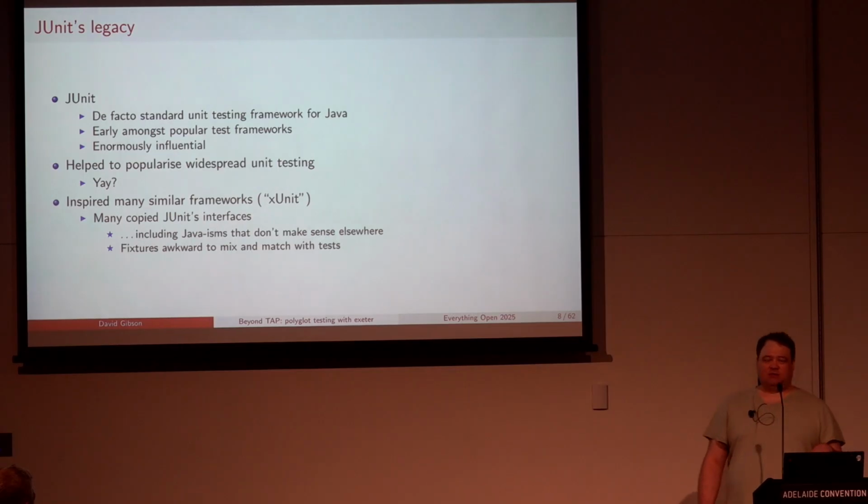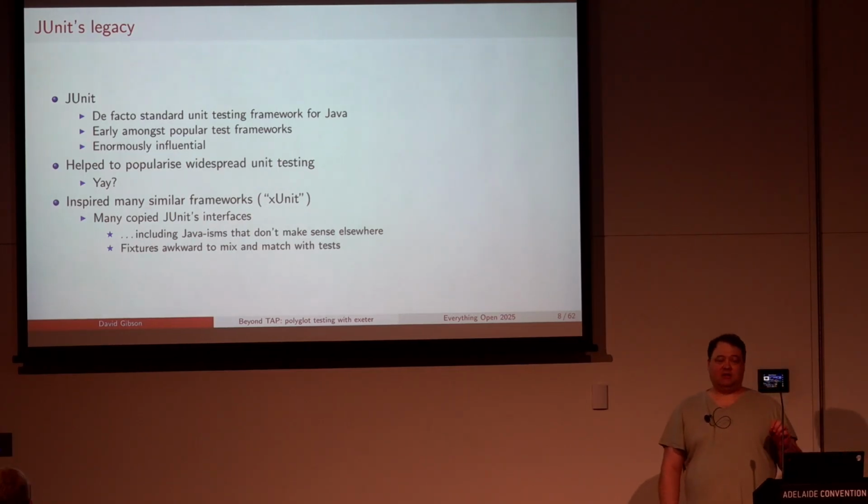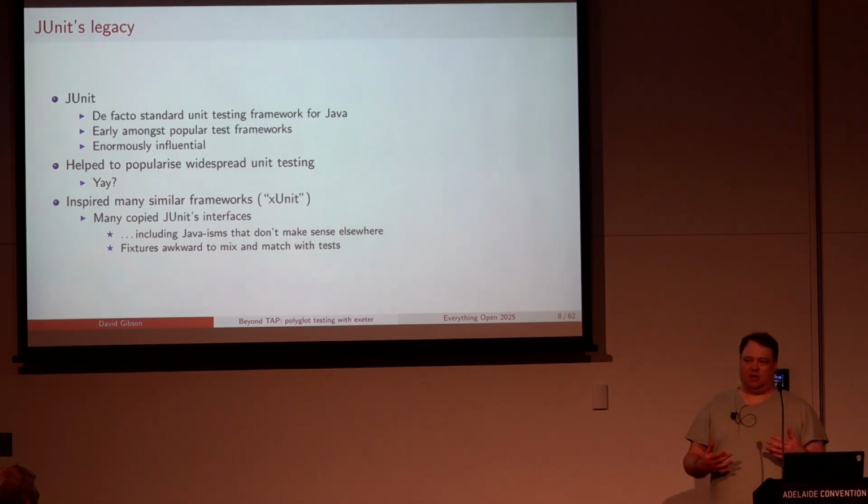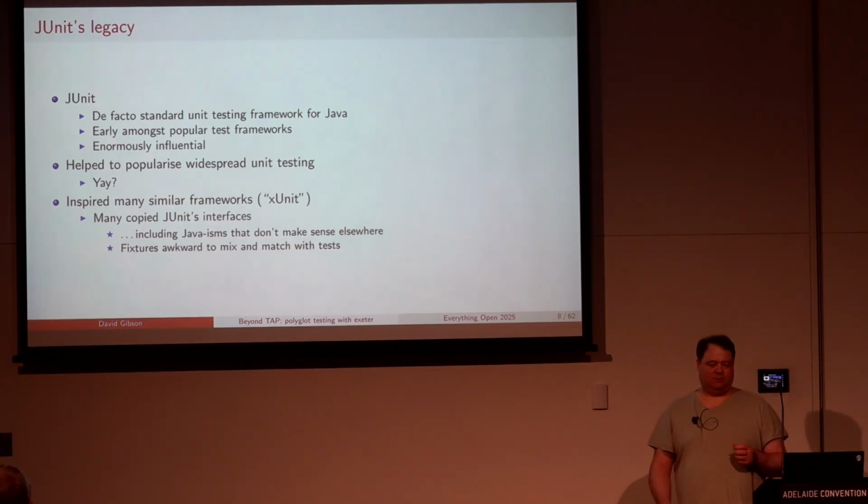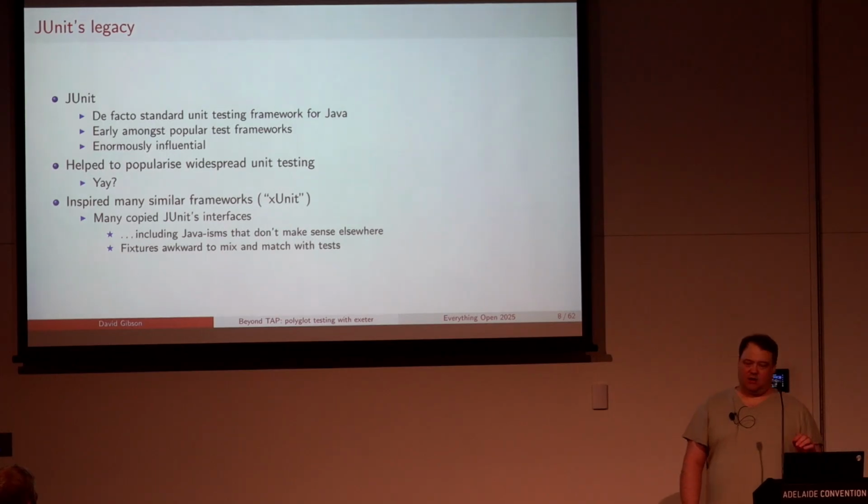There are more serious problems that I don't really have a lot to get into, but in particular the basic parts of JUnit make it really hard if you want to mix and match different fixtures with different tests. It's possible, of course, but it's pretty awkward. So that Java influence is not necessarily a great thing when it shows up in other languages.